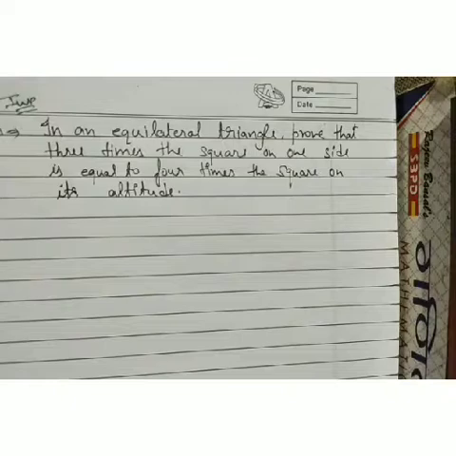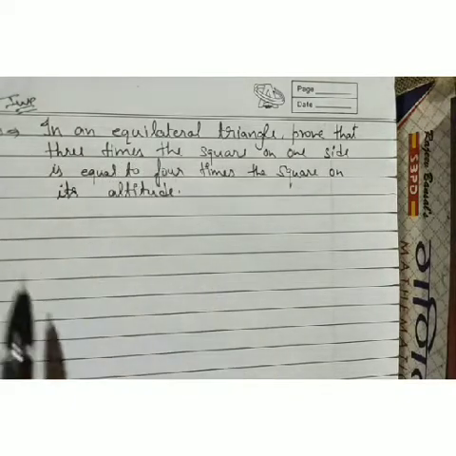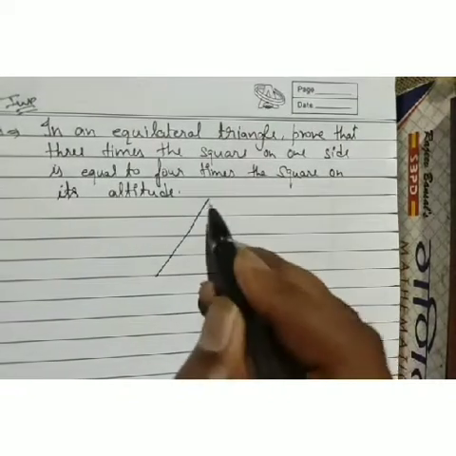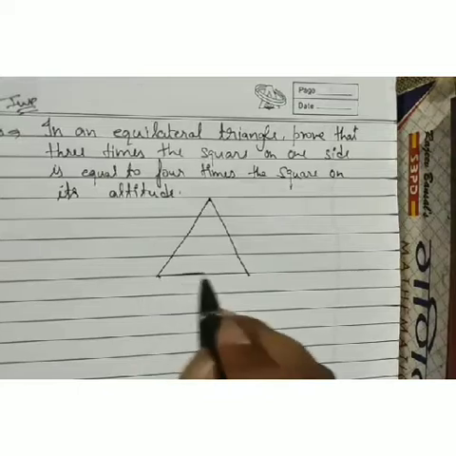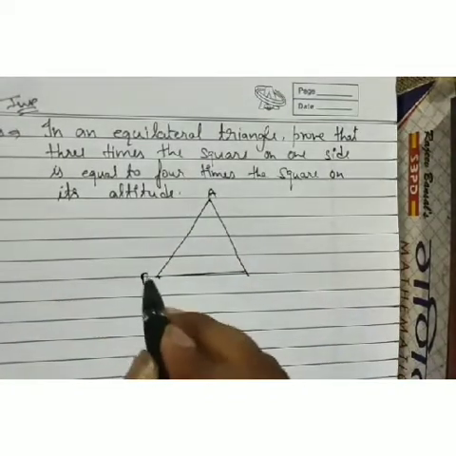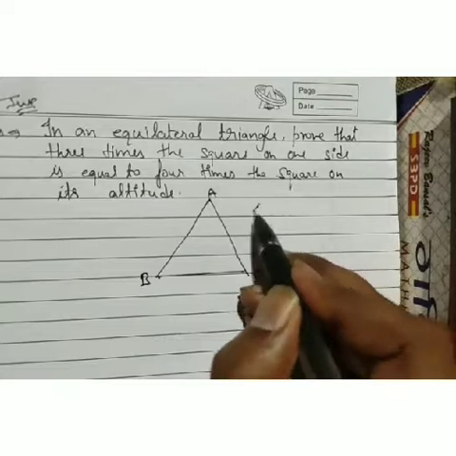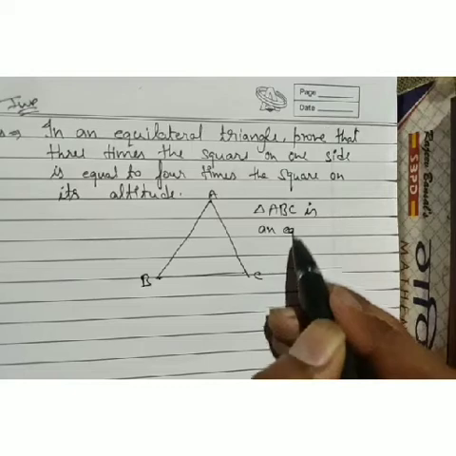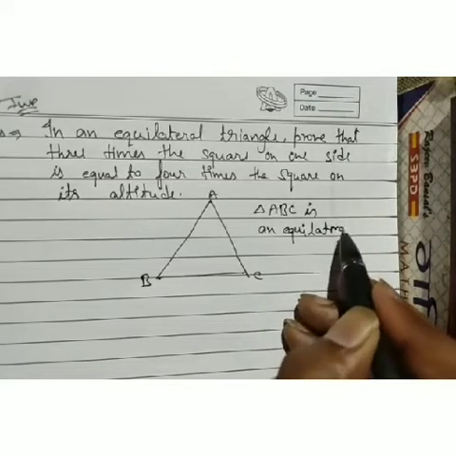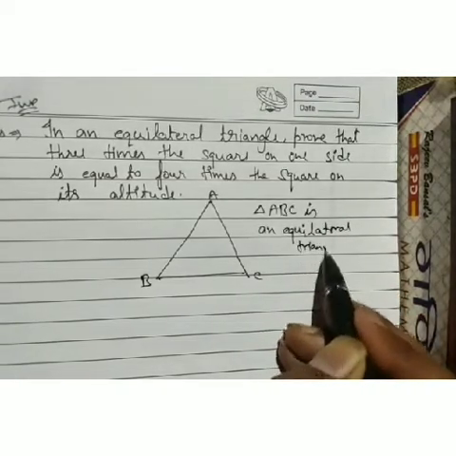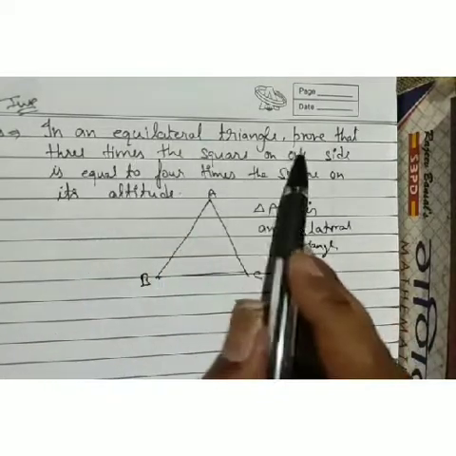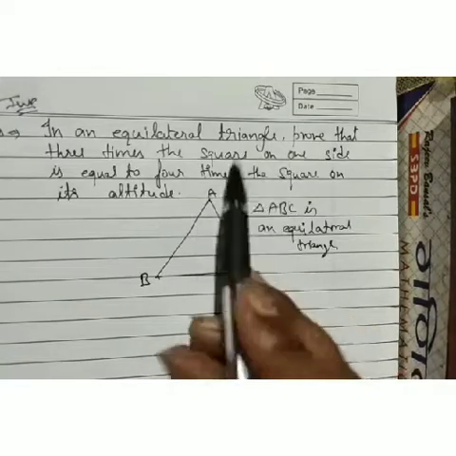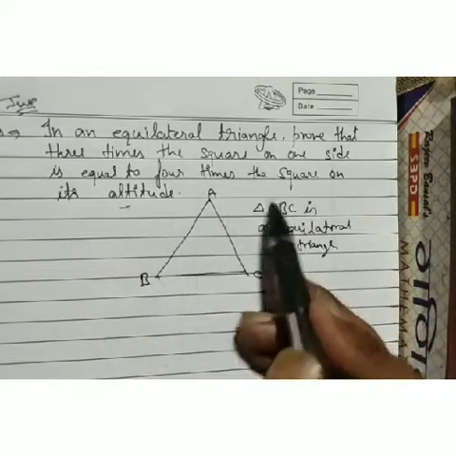First of all, to prove it, we have to draw an equilateral triangle ABC. Our triangle ABC is an equilateral triangle.